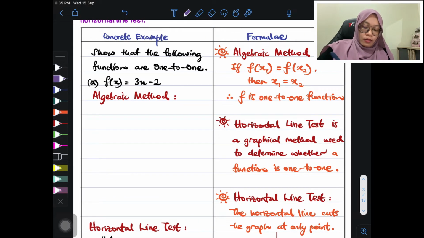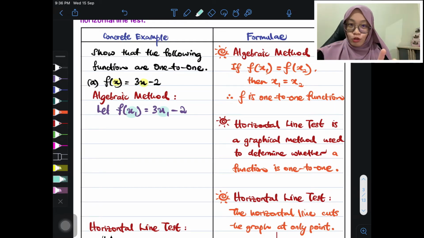What you need to do is just start by letting f(x1) equal 3x1 minus 2. What I am trying to do now is, instead of just x, I assume that x becomes x1. I just change that x to x1, that's all.